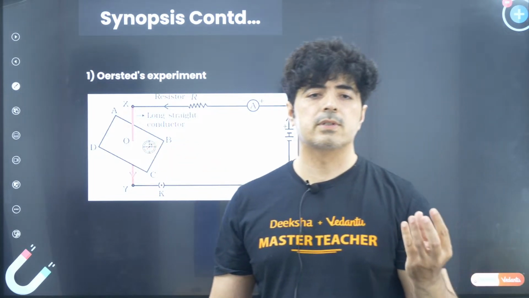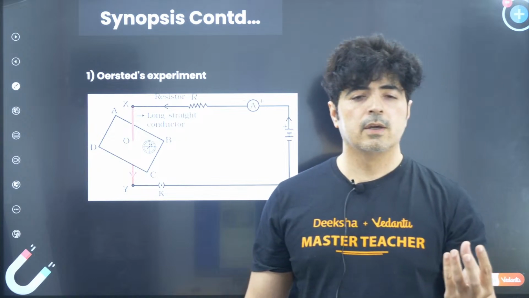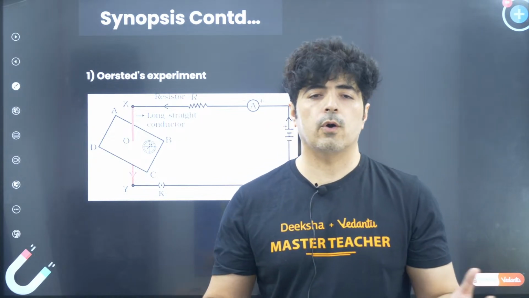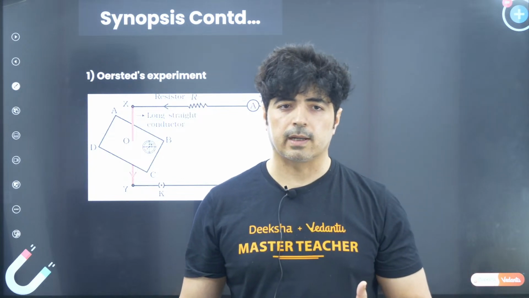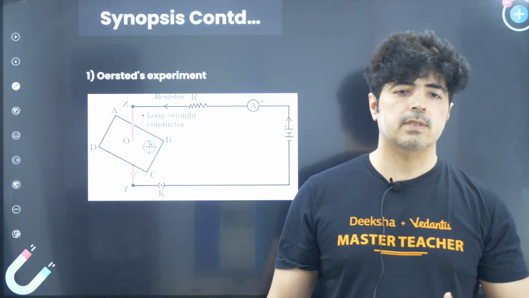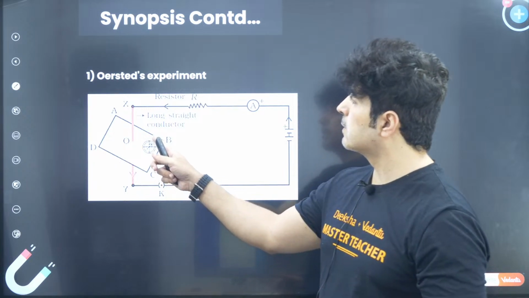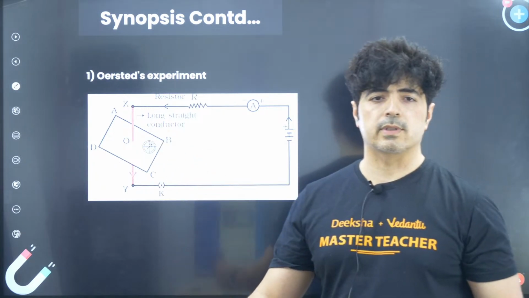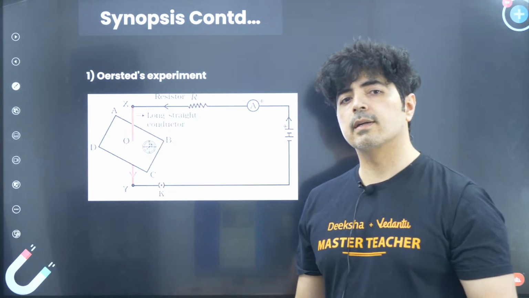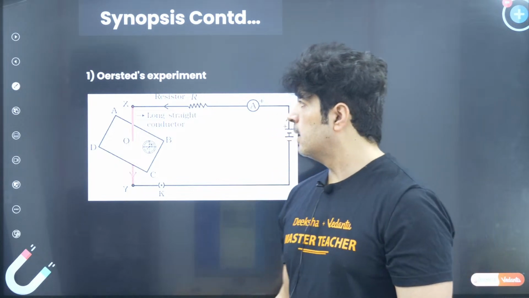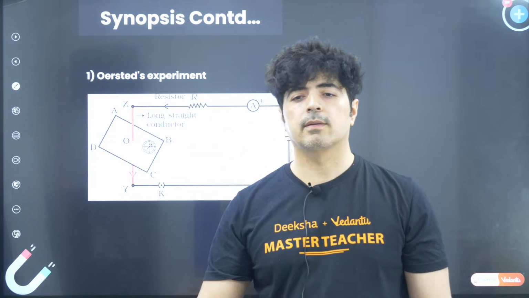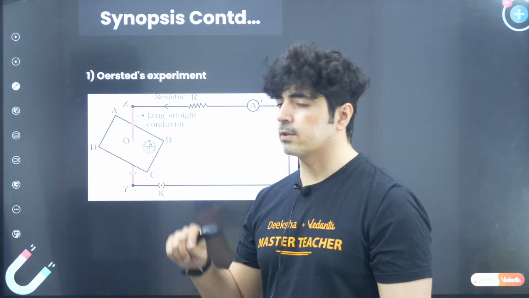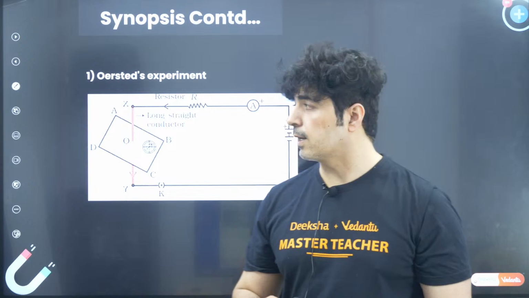They used to have a magnetic compass in those days, because the only way to find direction was a magnetic compass. So they were carrying a magnetic compass, and accidentally the compass was kept very close to the circuit. As soon as the current was passed in the circuit, it was observed that there was a deflection in this compass.